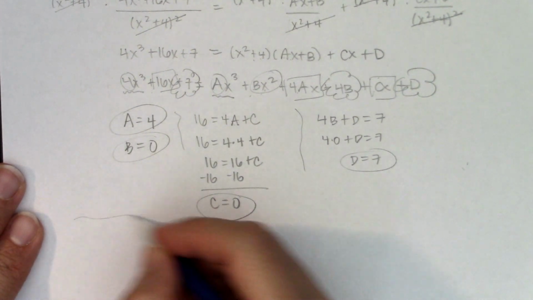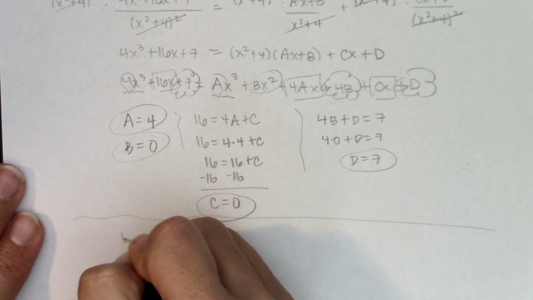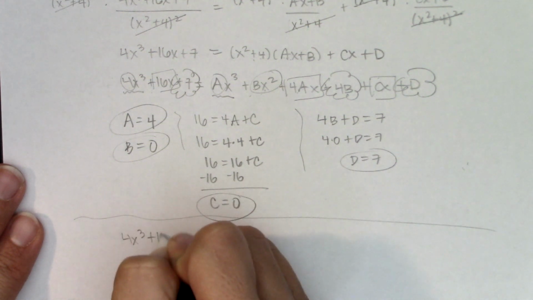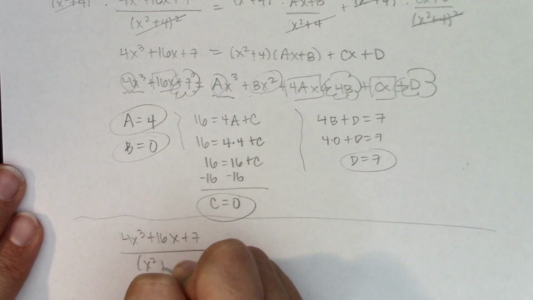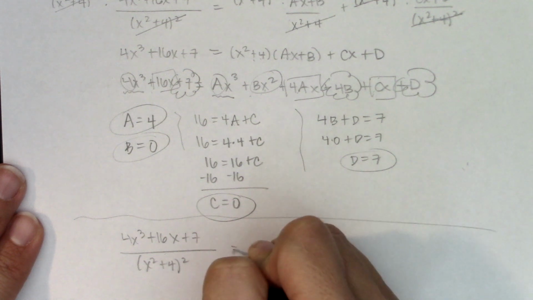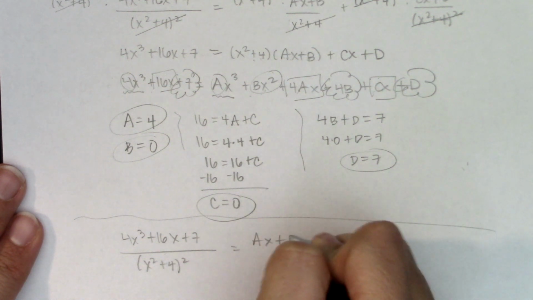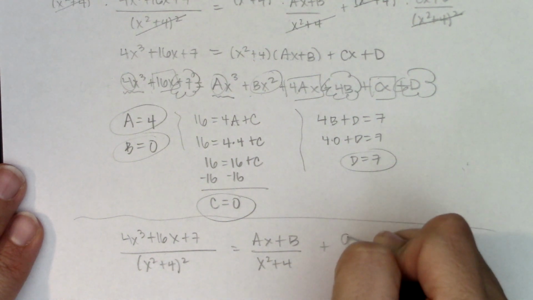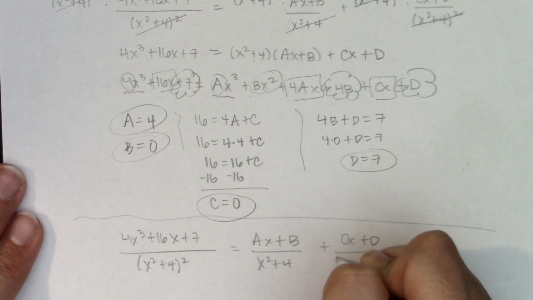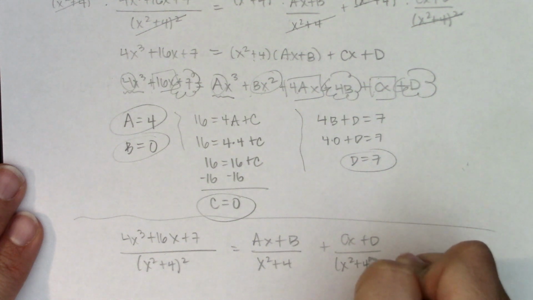All right, so what I'm saying here is 4x cubed plus 16x plus 7 over x squared plus 4 squared. We said it was going to be ax plus b over x squared plus 4, and then cx plus d over x squared plus 4 squared.